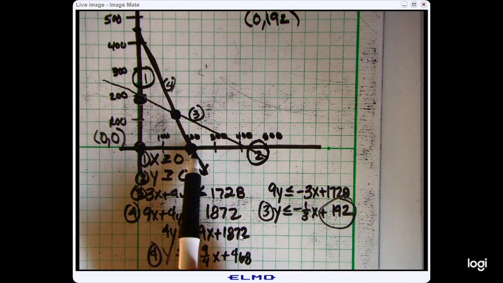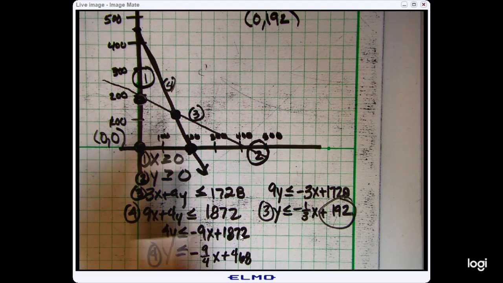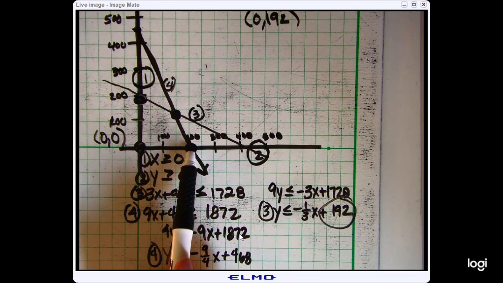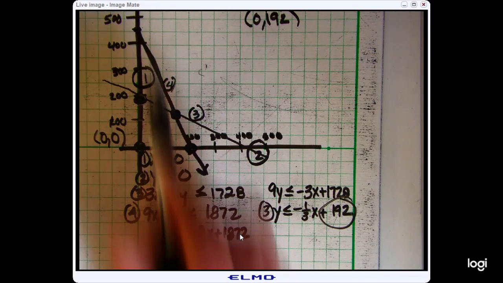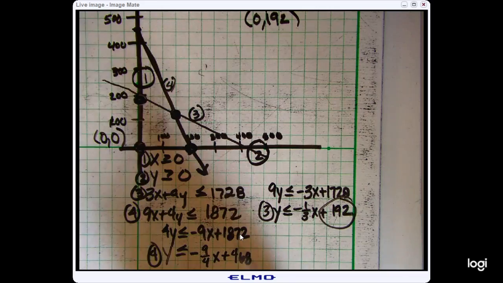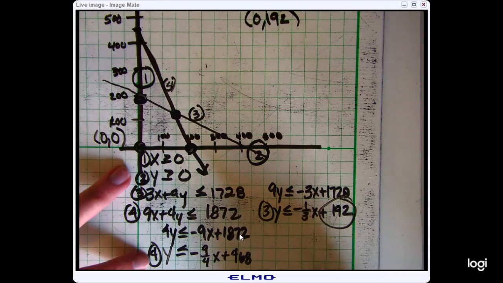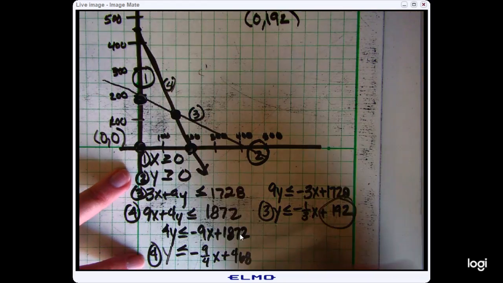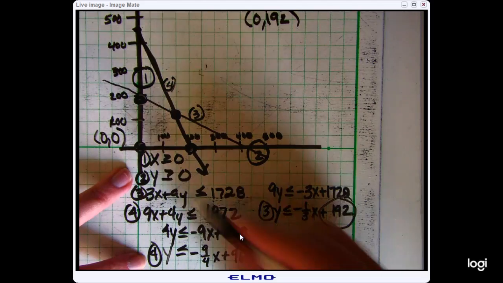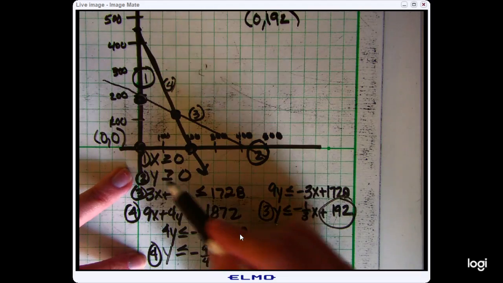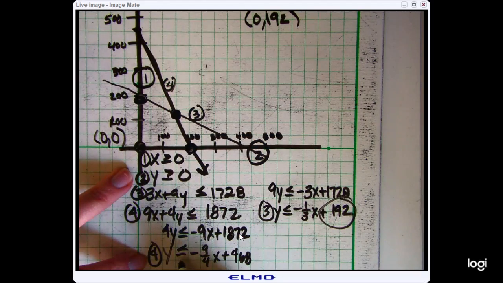And then, let's see, this is where equations 2 and 4 meet, right? So I'm going to come down and look at 2 and 4 and solve those. All right, so all I need to do then is plug in 0, right?